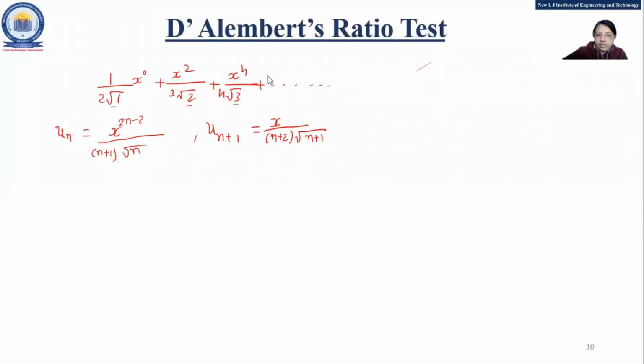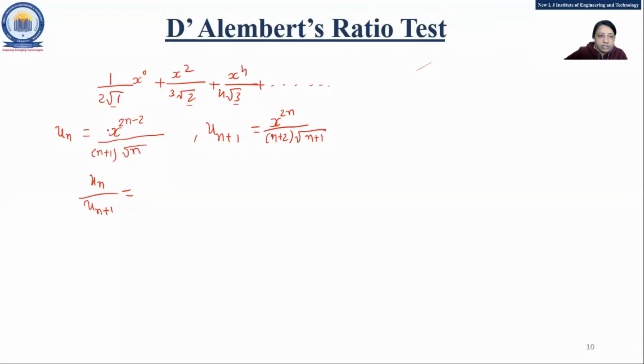Fine. All are saying x raised to 2n, right? X raised to 2n. Simple. Then you will get your answer. X raised to 2n if you put n equal to n plus 1. Now un upon un plus 1. We'll do it quickly.